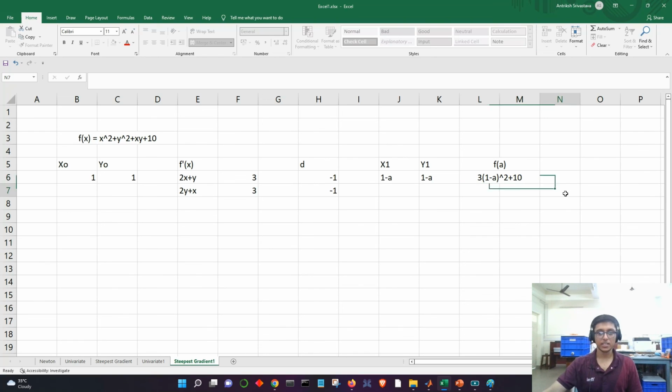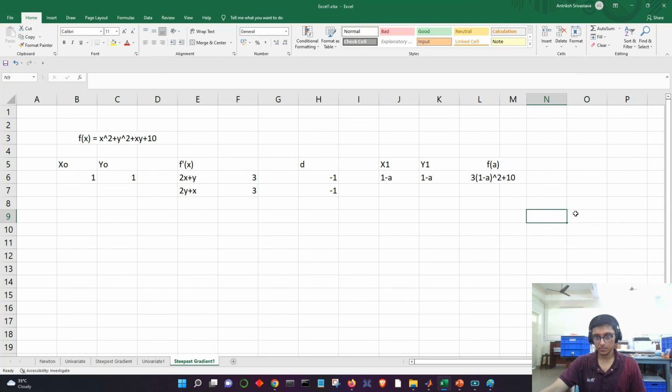So is this correct? Yes, sir. 3a square minus 6a plus 13. Yes, correct. So when you simplify this, you will get that.